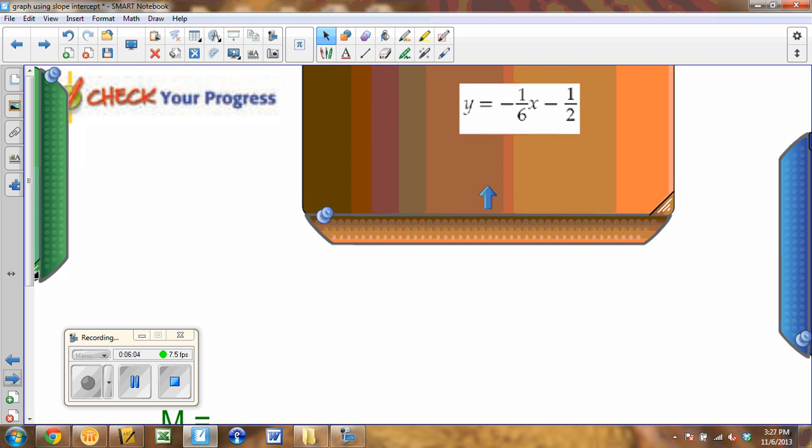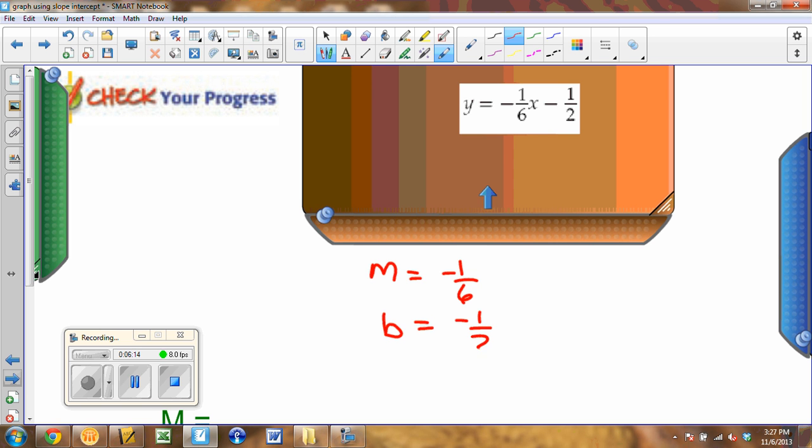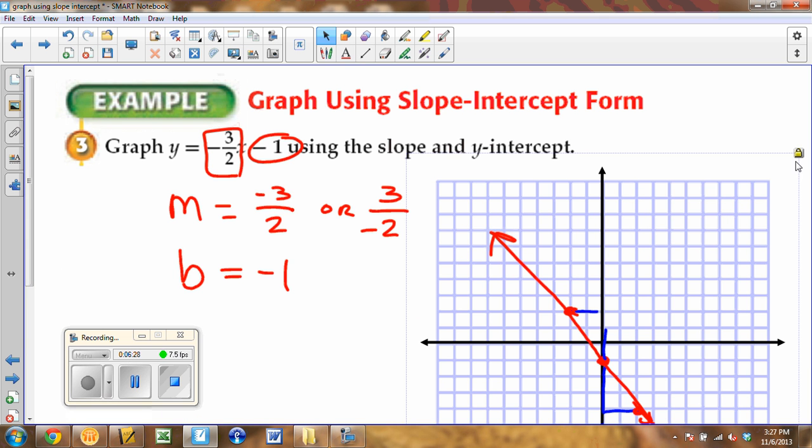Y equals negative 1/6 x minus 1/2. So I have a slope of negative 1/6 and an intercept of negative 1/2. Now this one I have a fractional intercept, which I need a graph for. So I'm going to go back here and grab this graph.